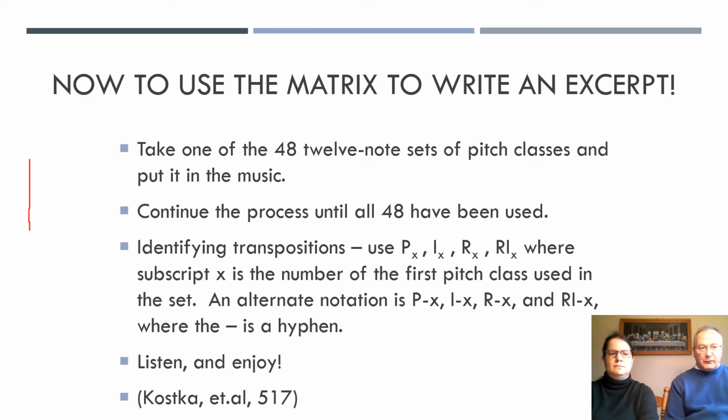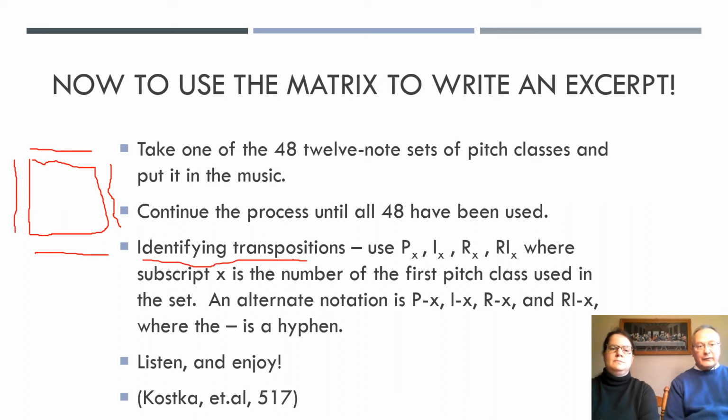You recall that the 12 by 12 matrix had all the notes in, and there were title rows and columns along the four sides. So that's what Cindy means by identifying the transposition.